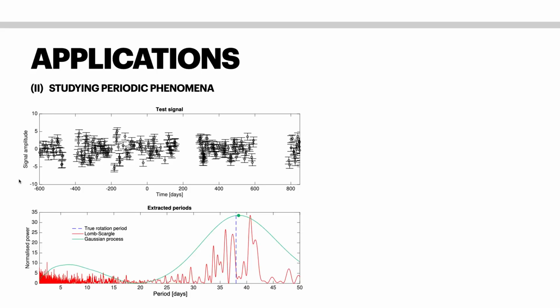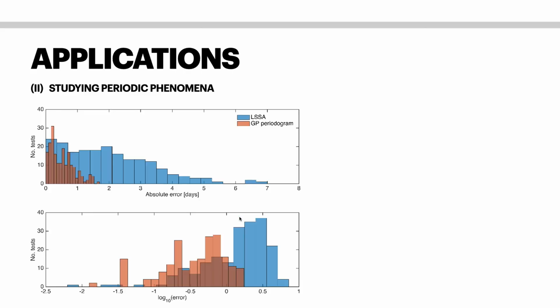If you look at the Lomb-Scargle periodogram in red, it's noisy, multimodal, and the highest peak doesn't even correspond to the true rotation period. And the simple reason is that we're implicitly fitting the wrong parametric model to the data. The posterior distribution for the GP period, on the other hand, does peak very close to the true period.